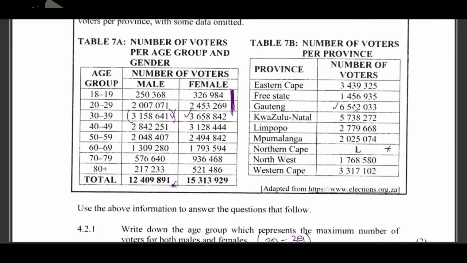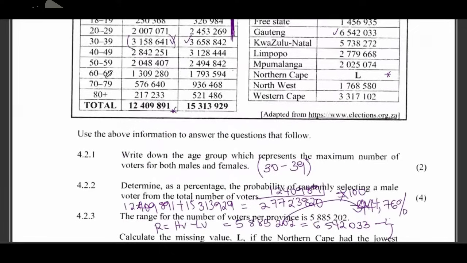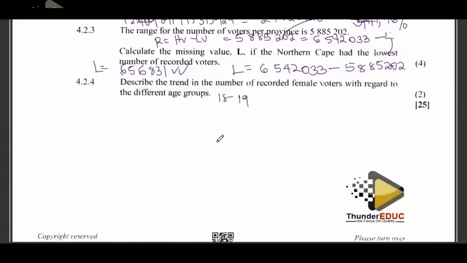The number increases from age group 18 to 19 to 60 to 69 and starts dropping from 70 to 79 till 80 plus. You know, the trend, the change, you have to mention that. So you say age group from 18 to the other one, which is 60 to 69.